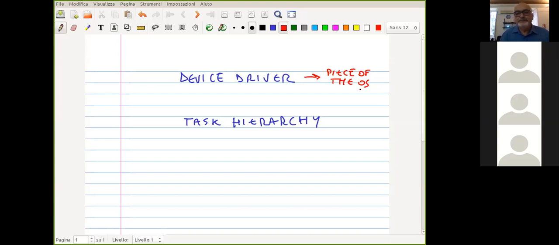So when you access a peripheral of any kind, network, motor, sensor, keyboard, anything, you can use a call to the operating system just to carry out the operation, that usually is input, output data, or receiving events in the form of interrupts.